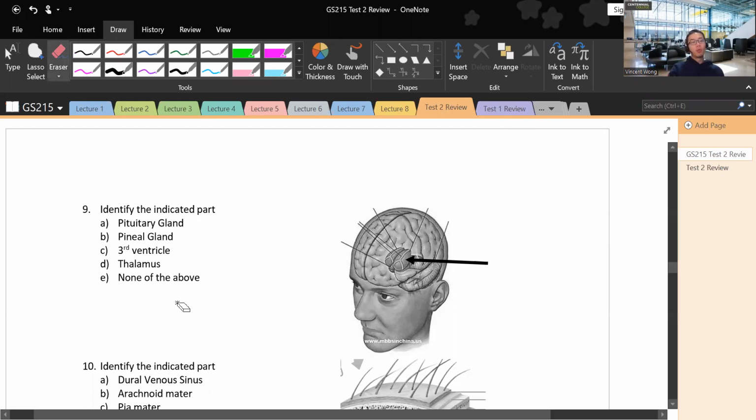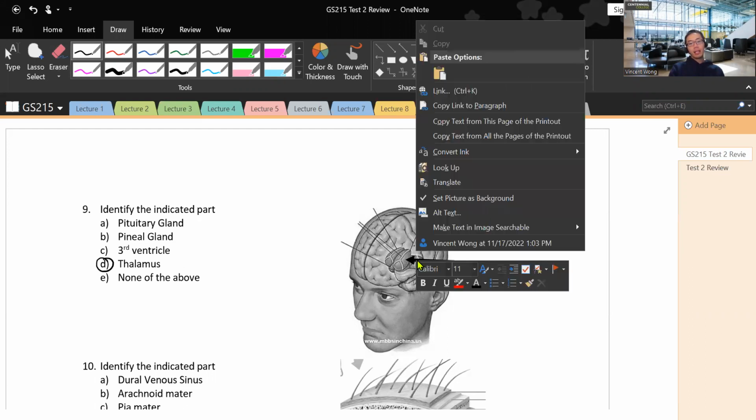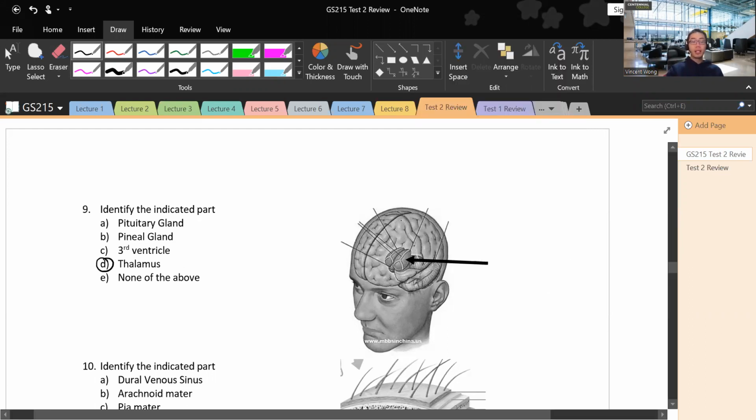That space would be the third ventricle. But these are the left and right thalamus. So the correct answer is D. The pineal gland, one of you chose it. The pineal gland is located at the back, really back, maybe somewhere around here. That is where you secrete melatonin to help you go to sleep. So that's that.